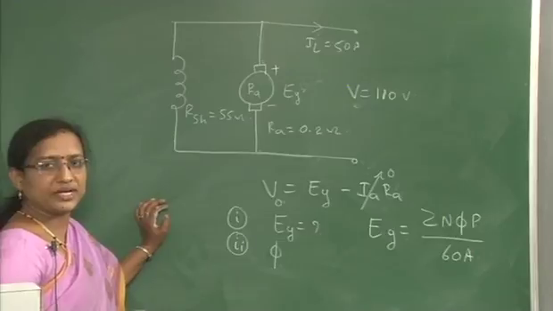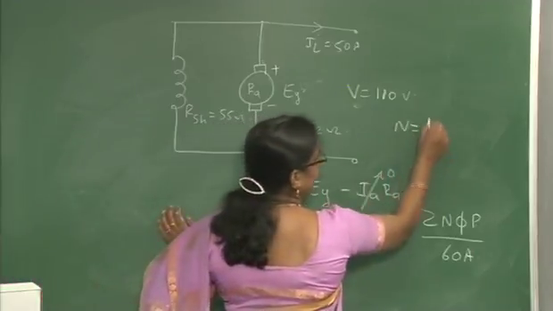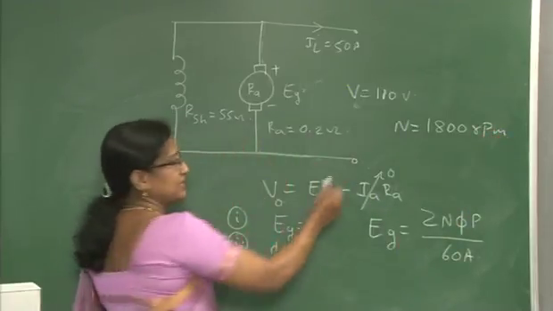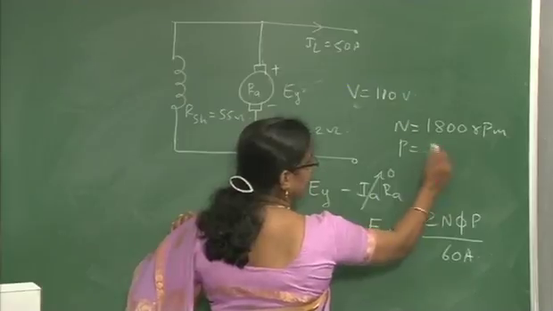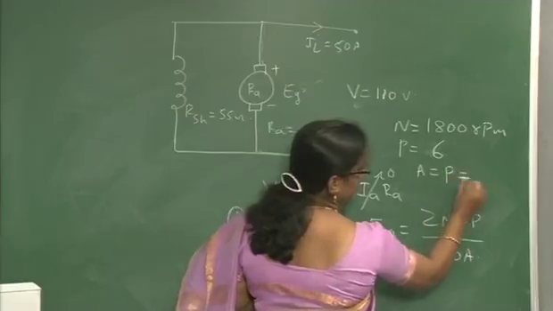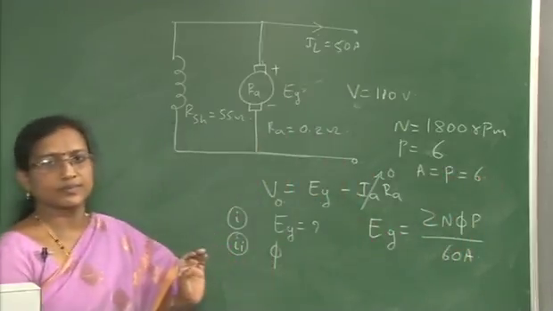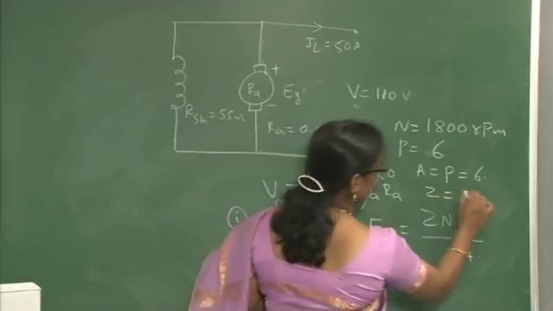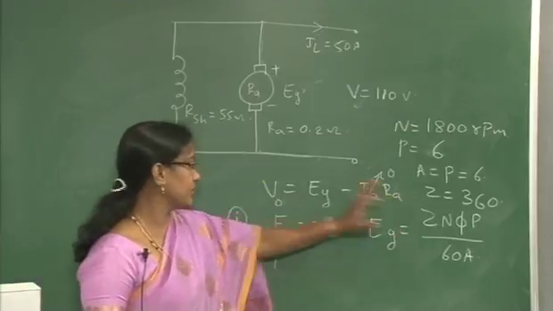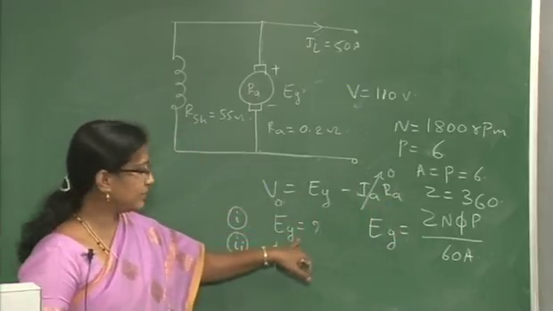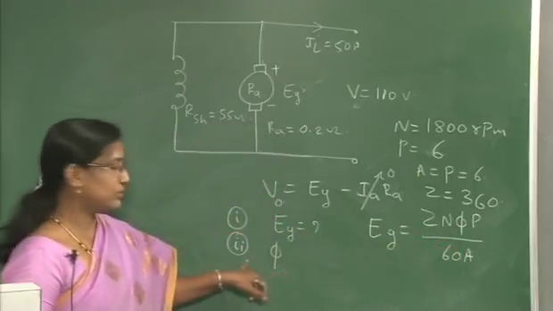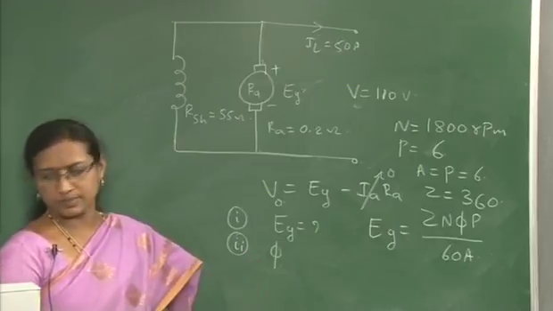The generator is rotating at a speed N equal to 1800 rpm, and it has 6 poles, P is equal to 6, and since it is lap connected, A is equal to P, that is equal to 6, and Z is equal to 360. For this given data, now you have to find Eg in the first part by using the equation Eg is equal to Z n phi P divided by 60A, and then you have to calculate the flux per pole.